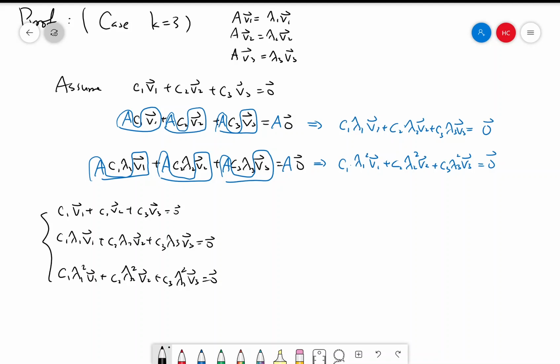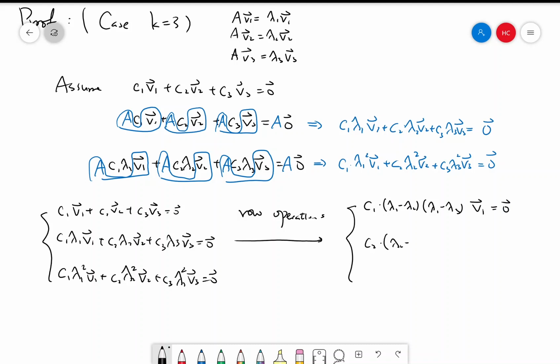So the key is, if you do row operations here to remove c1, c2, and c3, you eventually get c1 times (lambda 1 minus lambda 2) times (lambda 1 minus lambda 3) v1 equals 0, and c2 times (lambda 2 minus lambda 1) times (lambda 2 minus lambda 3) times v2 equals 0, c3 times (lambda 3 minus lambda 1) times (lambda 3 minus lambda 2) times v3 equals 0.